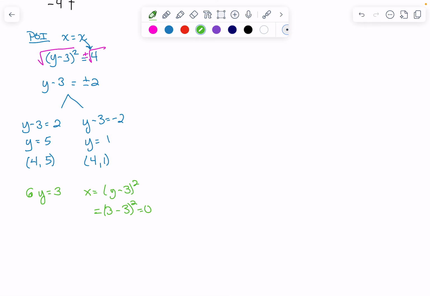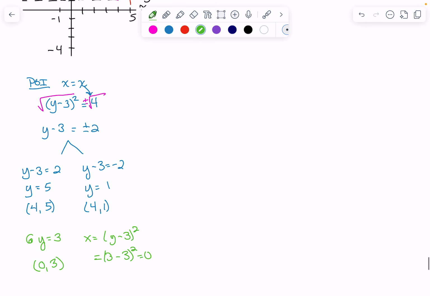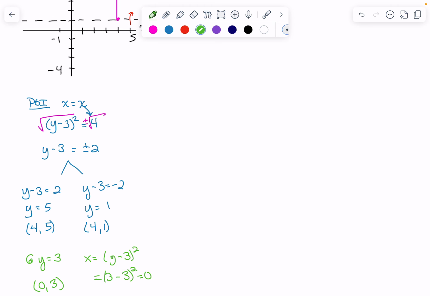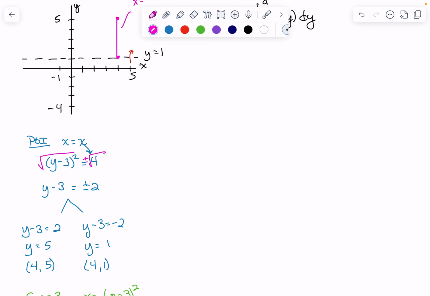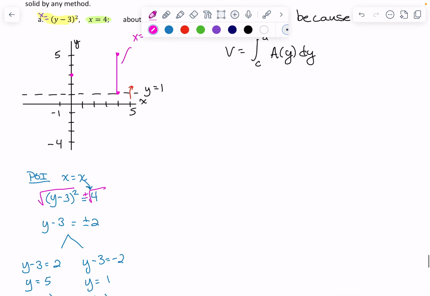So I'm going to get a (0, 3) point there, and that tells me what my vertex is. I have another point right here, (0, 3), and I can see my sideways parabola there. This right here is what I'm rotating, and I'm rotating that around the y equals 1 axis.